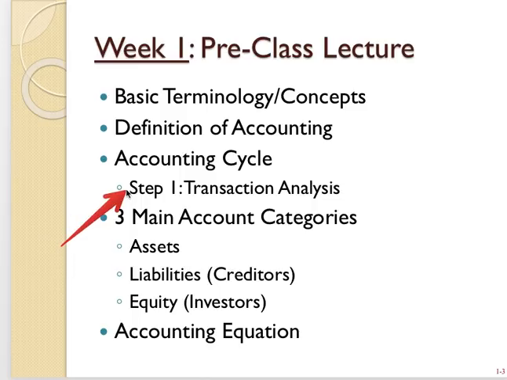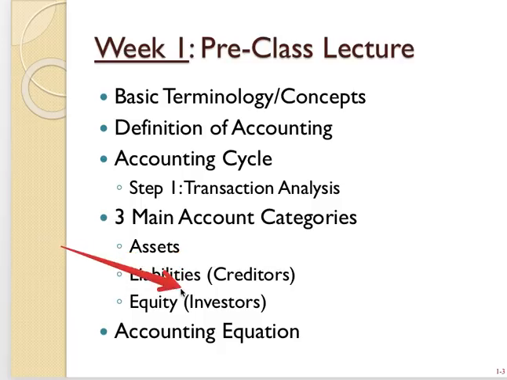I gave you a couple examples of transaction analysis with part 1 and part 2 of Soccer with Sarah. But in our next class, we're going to do a lot more transaction analysis. But again, I just wanted to make sure that you had a couple examples and understood the terminology so that while we're in class, we can make the best use of our time and talk about some more complex types of transactions. So hopefully now you know assets, liabilities, and equity.